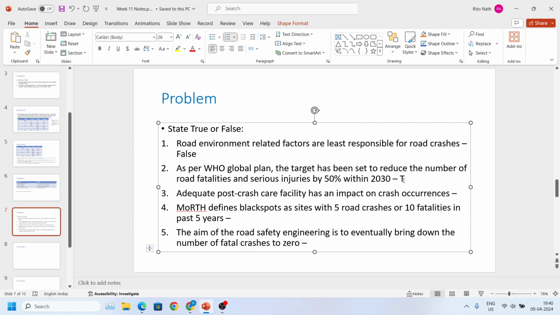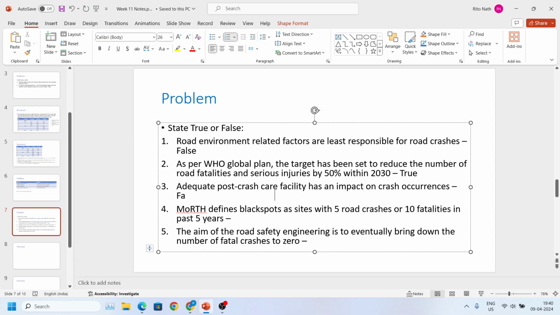This is straightforward from the slides. This is actually true. The third one, adequate post-crash care facility has an impact on crash occurrences, is false because post-crash care facility has nothing to do with crash occurrences. It's only a measure after a crash has happened. So this is false, as you mentioned.